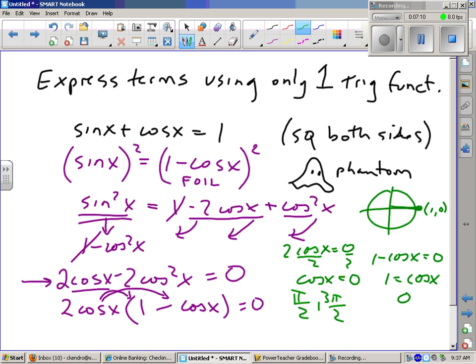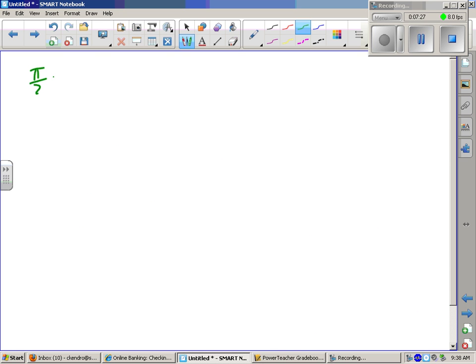Now we have to test for the phantom. So what we do is we go back up here and put those values in. Now I'm going to go to the next page. So we got to remember that these are pi over 2, 3 pi over 2, and 0.